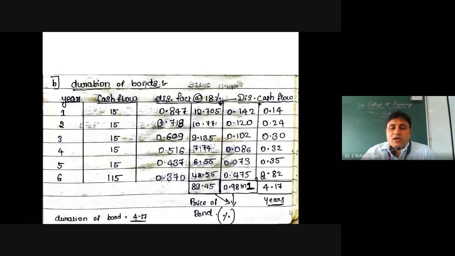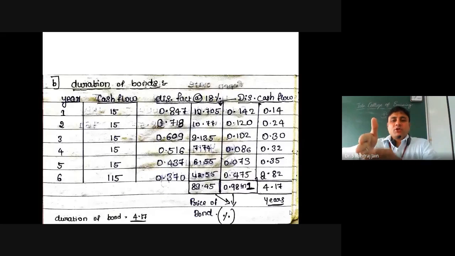If I sum this column, I get the duration of the bond. So how do I get the value of this column? It is very simple, students. For year 1, you can see over there, please concentrate, I multiply with the fifth column, 0.142 multiplied by 1, 0.142 or 0.14.